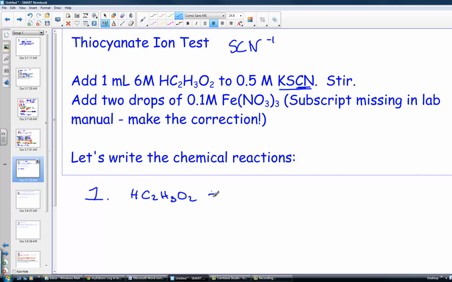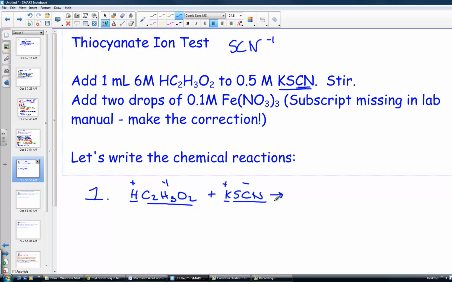So here we have acetic acid reacting with KSCN, potassium thiocyanate. And again, potassium's a +1, thiocyanate is a -1. Hydrogen is a +1, acetate is a -1.